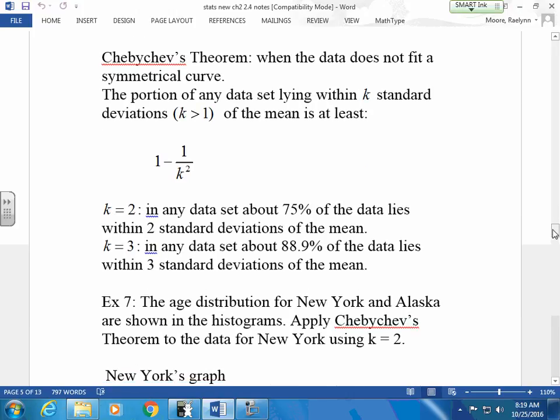Okay. Now, this one's a little tough to get. This is called Chebyshev's theorem. Chebyshev says, well, data doesn't always fit a natural curve, right? So what do we do when it doesn't fit a natural curve? This is the only time we work with a non-normal curve.